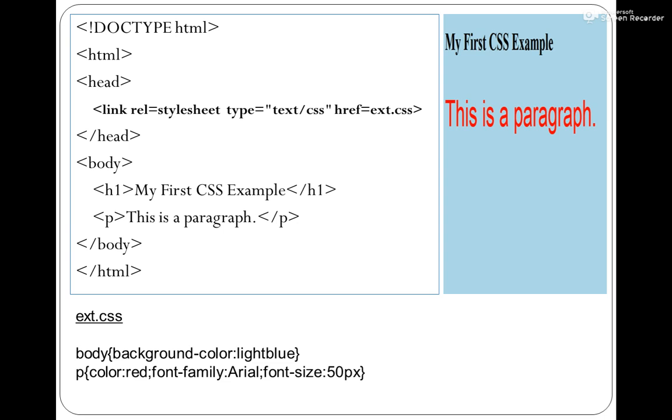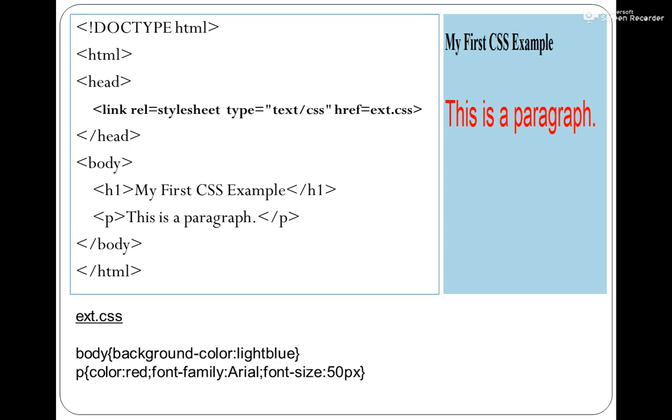This is my file and its file name is ext, and in that file I have written body, then in the declaration part background color has the value light blue, and on the second line there is a p tag, and in p I have written color has to get the value red, font family as Arial, and font size as 50 pixel.